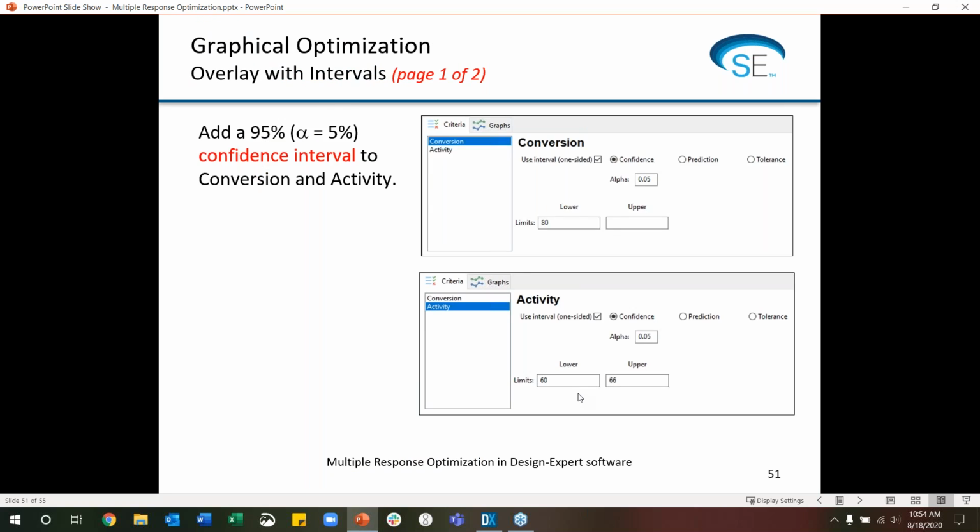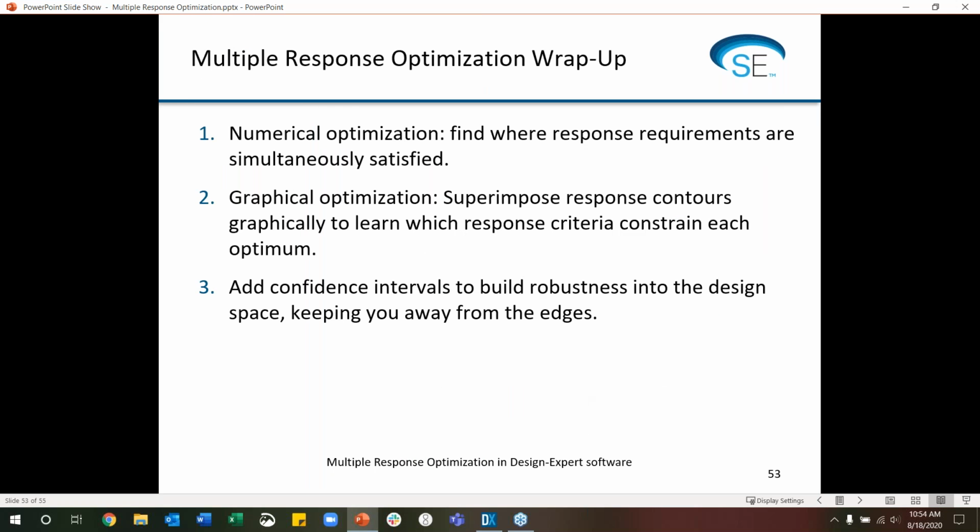So that covers the rest of these slides. To wrap this up, numerical optimization helps us find where the response requirements are simultaneously satisfied. It's very mathematically intense under the covers, but it's easy to use from a user standpoint.